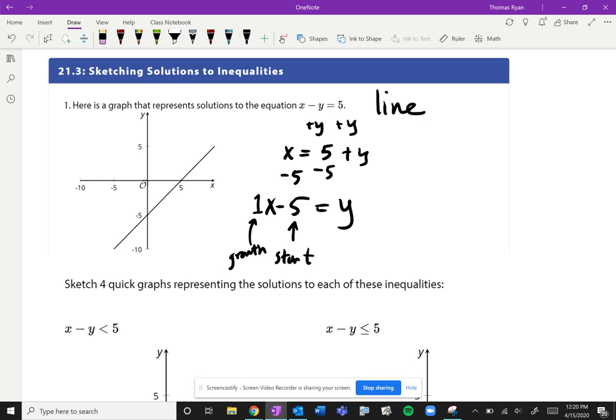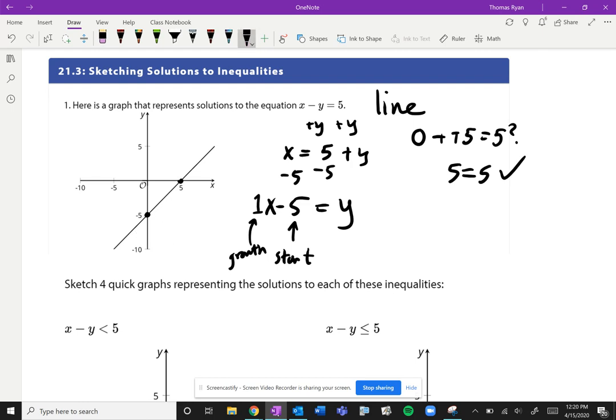Okay, now what we think about is, remember what we said, solutions to a line fall on the graph. For example, here's the point 0 comma negative 5, x minus y. So 0 minus negative 5, does that equal 5? 5 equals 5. Sure enough, so this point is a solution on the line.